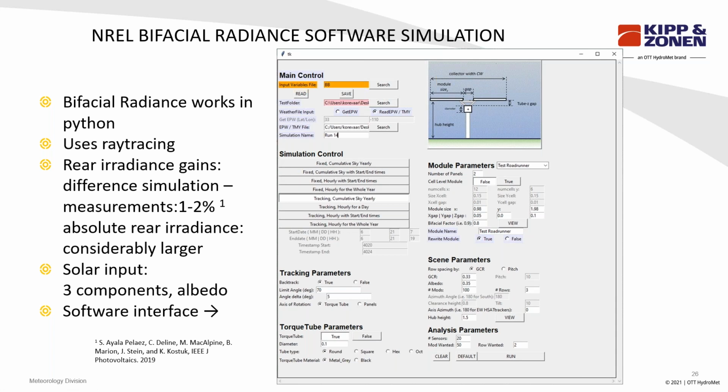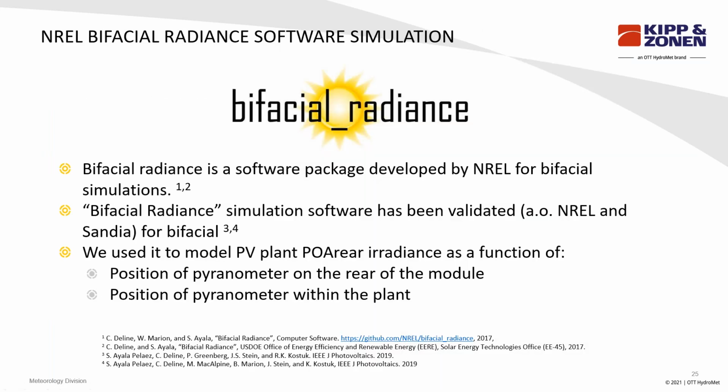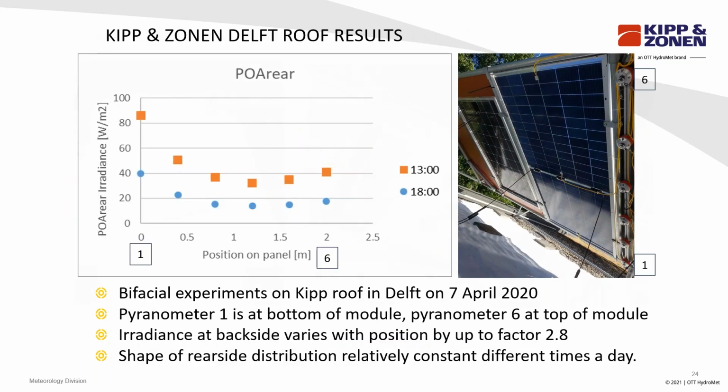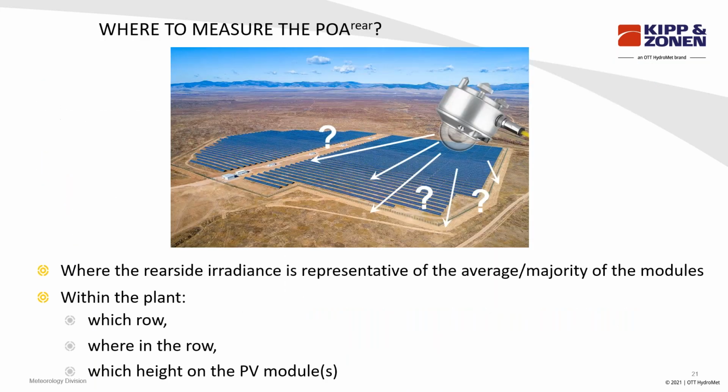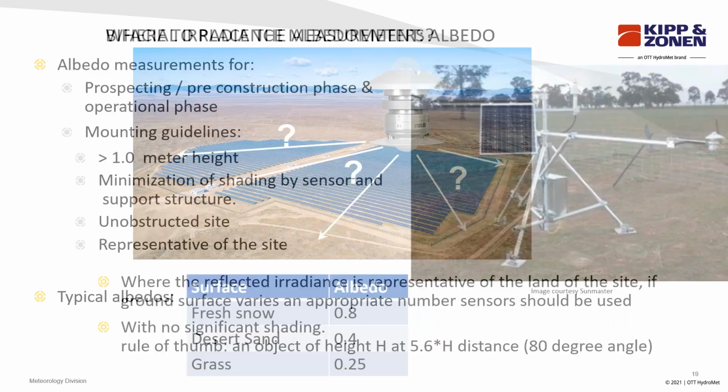Got you. Thank you. I have really one more interesting question. Which standard or methods for albedo can we use before construction of the PV plant, especially in desert conditions with a lot of bushes and vegetation? When doing prospecting, it's best to use albedo meters, and an example can be seen here.